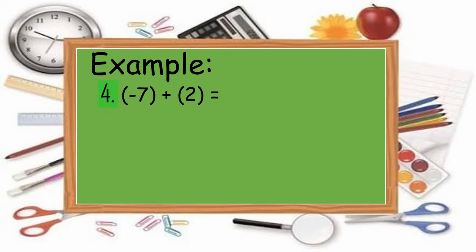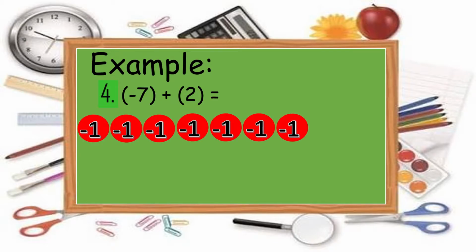Suppose we have negative 7 plus positive 2. So yung negative 7 will be represented by 7 red discs at yung positive 2 naman will be represented by 2 blue discs. Again, titignan natin ilang pares ng 0 pairs yung mabubuo natin. Ang bawat red disc ay ipapares natin sa blue disc.